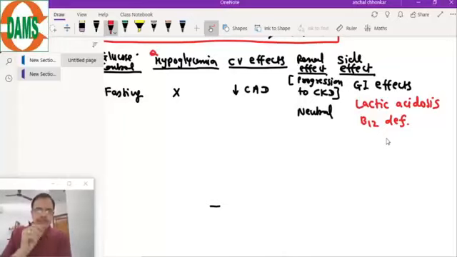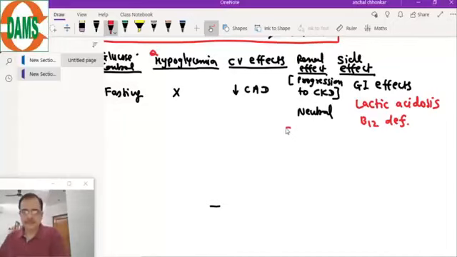And remember, in the renal effect, if there is a decreased GFR, this drug should not be given, because this drug is excreted through the kidney. So this drug will be contraindicated if GFR is low. Avoid this drug if GFR is less than 30.